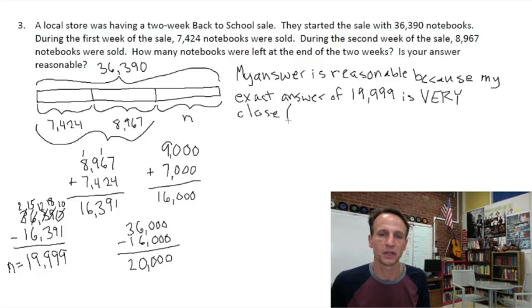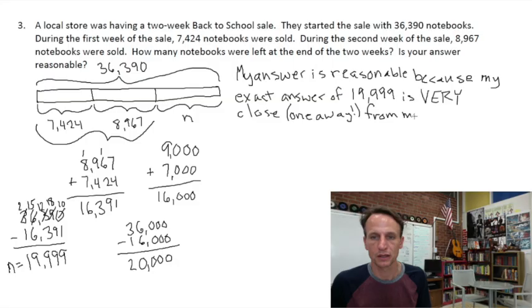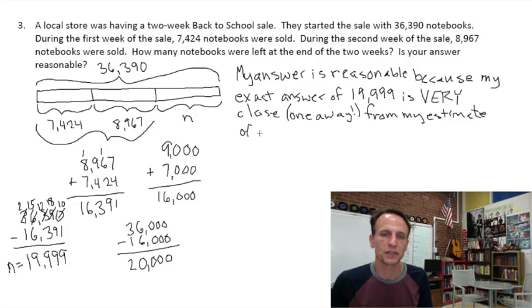You can put in parentheses 1 away, with an exclamation point, just 1. 1 away from my estimate of 20,000.